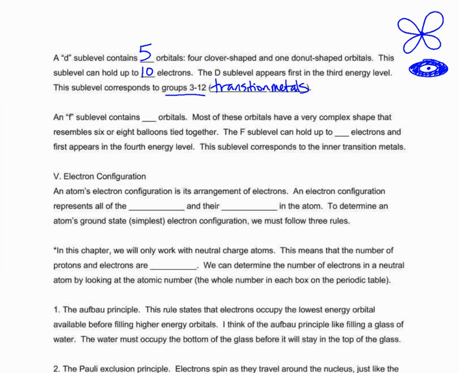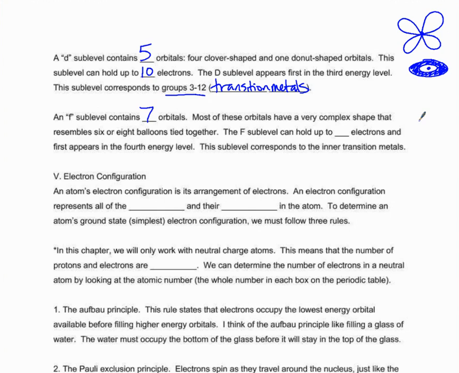As far as chemistry 1 is concerned, the d sublevel is about as far as we ever work. There is another one. It is called the f sublevel, and this one contains 7 orbitals. Most of these have a very complex shape, and each one of them resembles 6 or 8 balloons tied together.